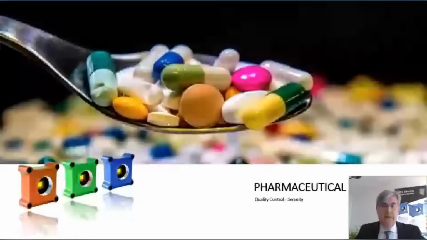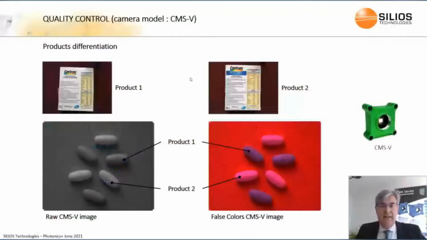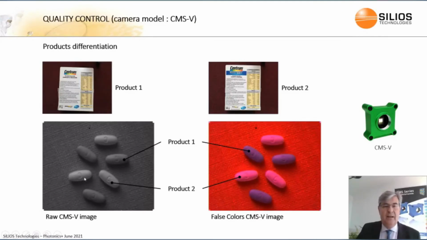Another application, pharmaceutical industry. Here it's a customer who brought us two kinds of pills. They all looked white. So he placed everything on a table, and just with the raw image you can discriminate a bit one type of pills from the two other types.